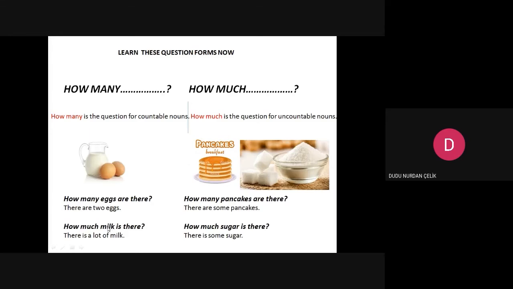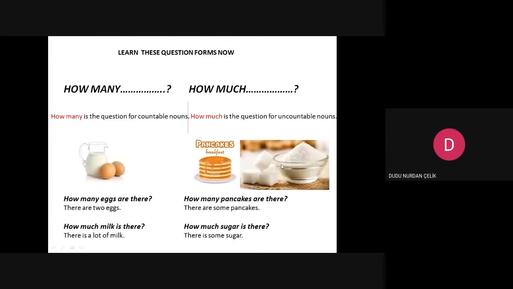Uncountable nouns are always singular with the questions. And this is singular. This also must be singular. How much milk is there? There is a lot of milk. Or you can say there is some milk. There is a jug of milk. Possible answers. Look at the sugar.